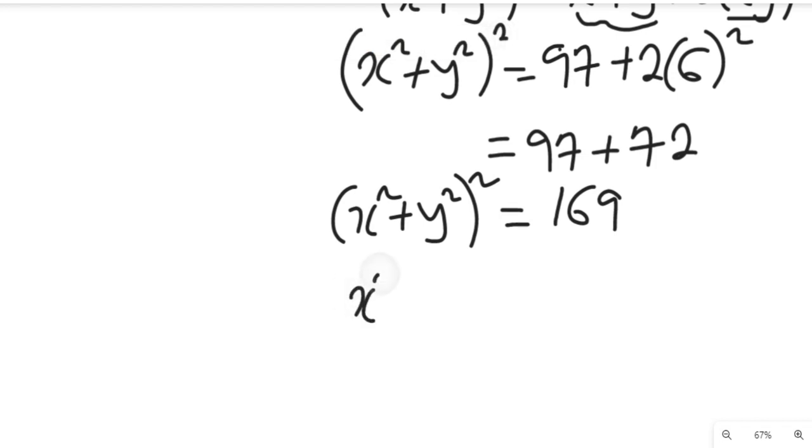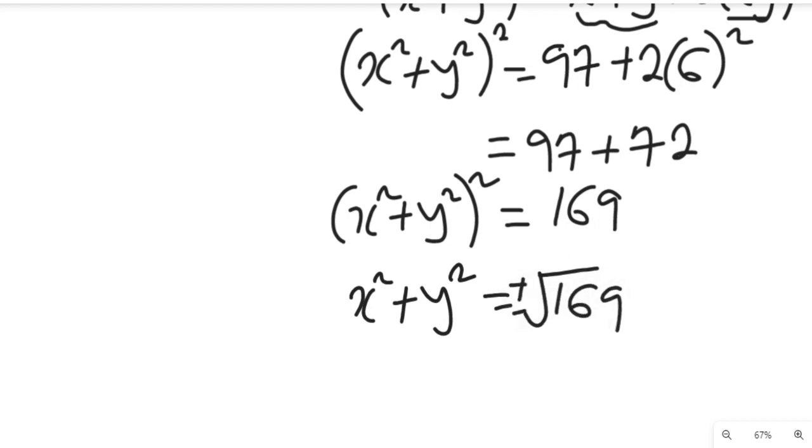So we'll have x square plus y square to be equal to plus or minus the square root of 169. Over here, the square root will clear the square.